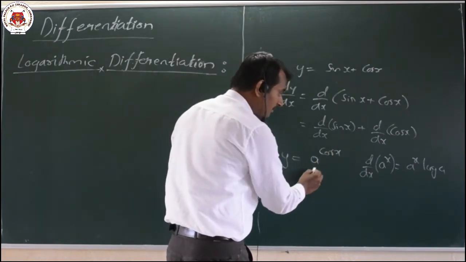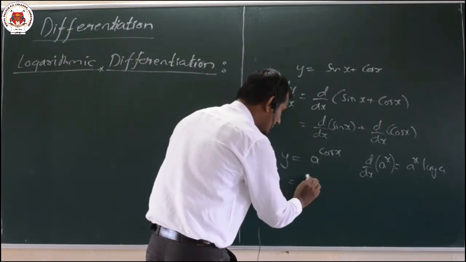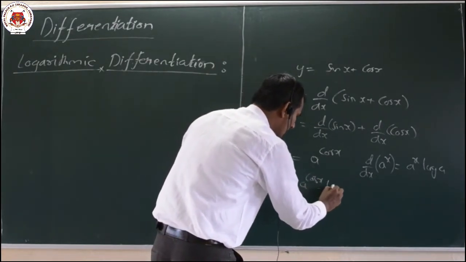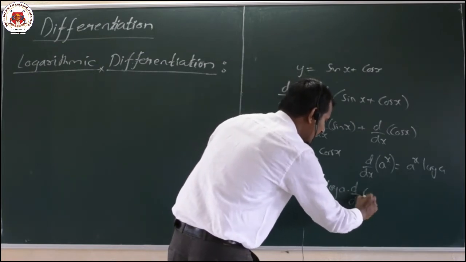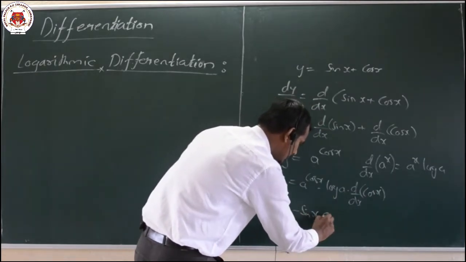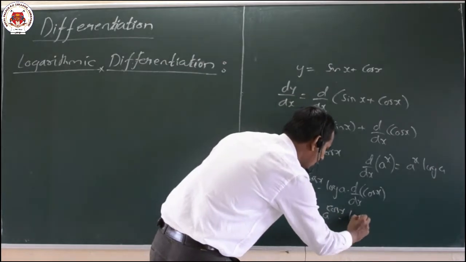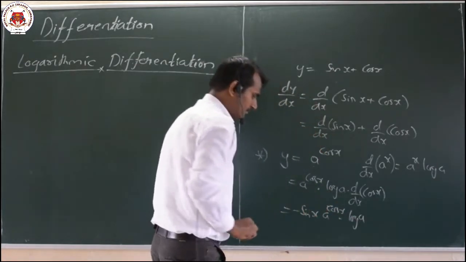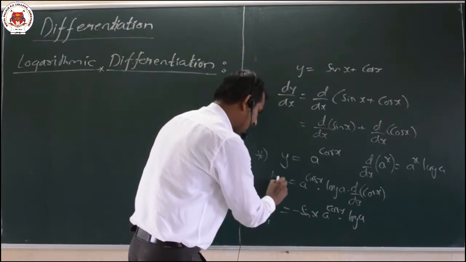By composition of functions, it is a raised to cos x into log a into d by dx of cos x, that is, minus sin x into a raised to cos x into log a. That is a very simple topic, the derivative dy by dx.